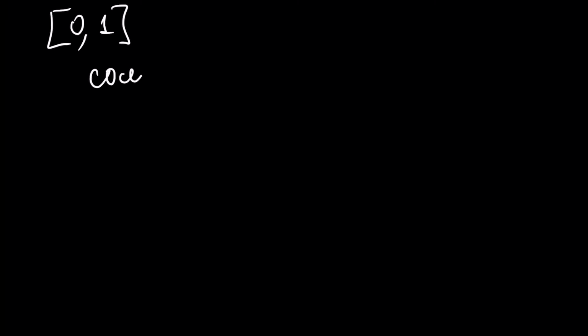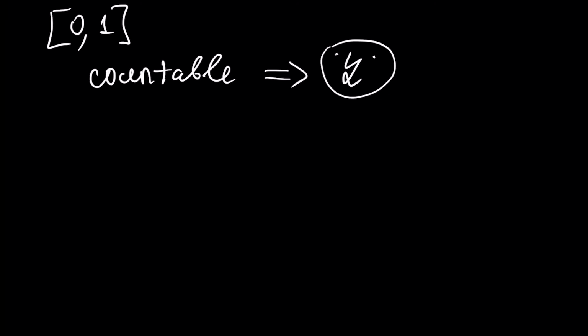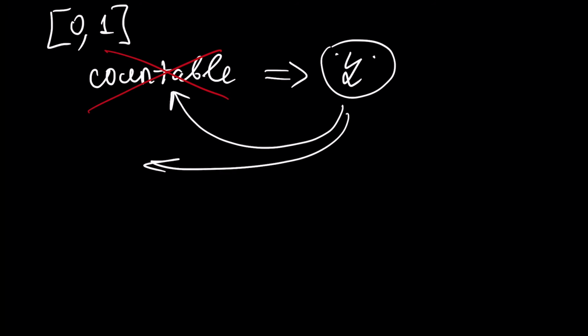We assume that we have a countable number of numbers in this segment, and let's derive a contradiction, which means that the assumption that we had a countable number of elements was false. And this means that the number of elements was uncountable.